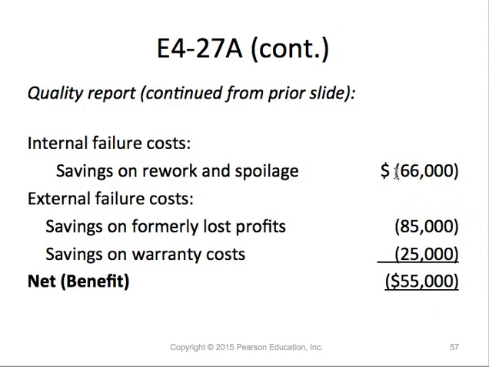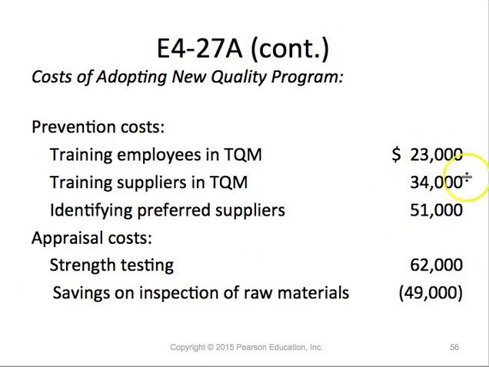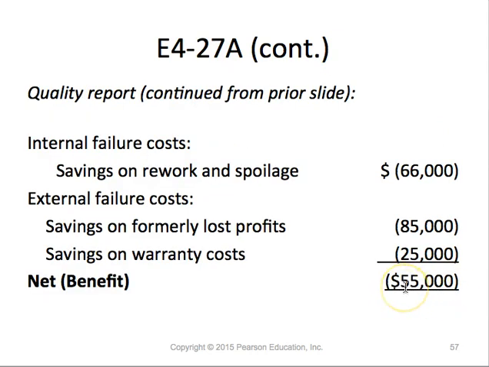Internal failure cost savings will be 66. External failure savings will be 85 times... not 25, it's 105. So we use all these minus the upfront investment here. We find we have a cost savings of $55,000.